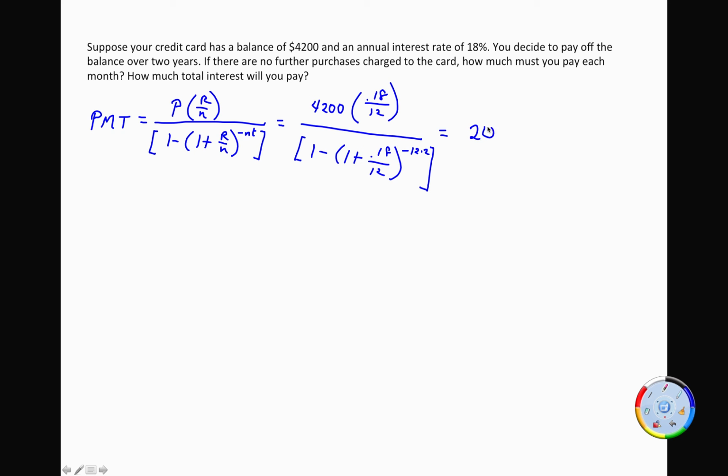So if I pay $209.68 a month, I'll pay that off in 2 years if there are no other charges made on it.